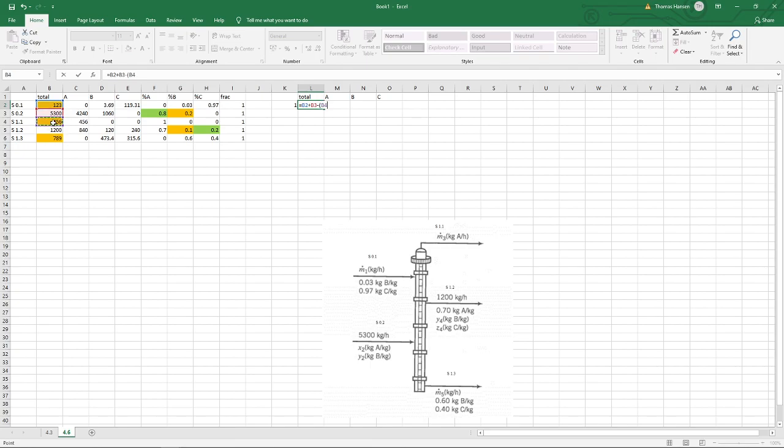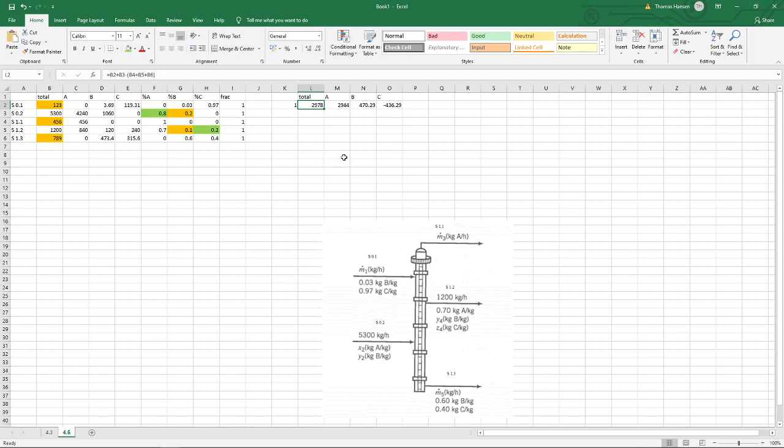So that one plus that one plus that one. Basically, I have two streams entering, S01, S02, and I have three streams exiting, 1,1, 1,2, 1,3. So that's my total balance, and I can just drag it along, and we can check, it's moved to the A column, it's moved to the B column. So now I actually have all of my balances.